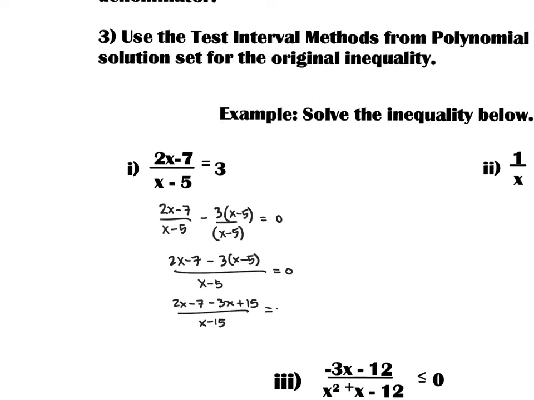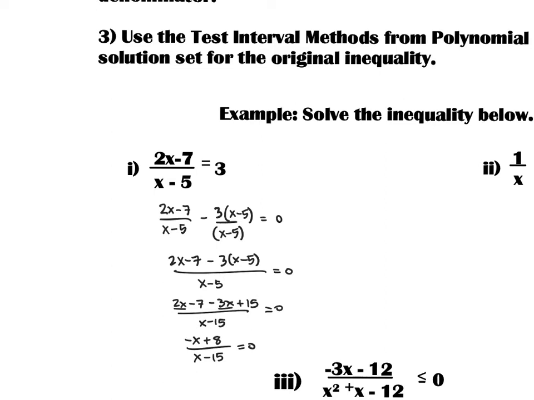Then let's clean that up just a little bit. Oops, I'm sorry. That would be negative x, right? 2x and negative 3x would be negative x. And negative 7 and 15 would be a positive 8, over x minus 5, equals 0.